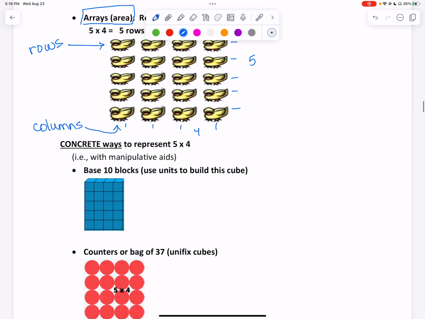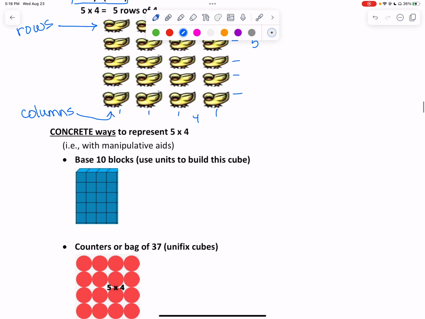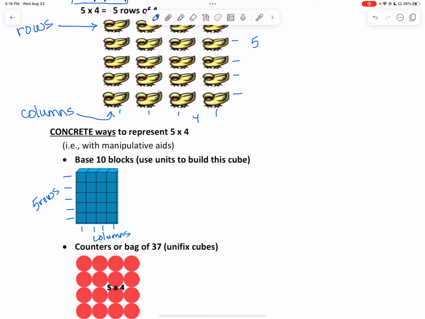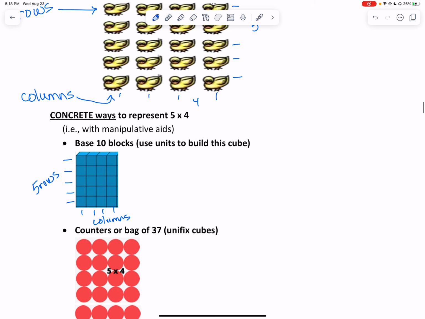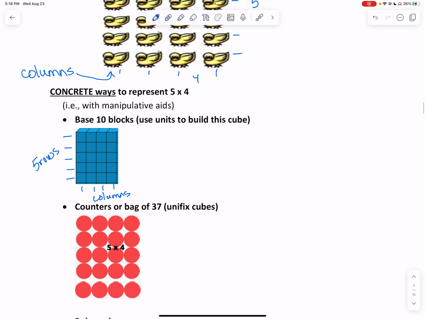Here are some concrete ways of showing it with base 10 blocks. Notice that I've got 1, 2, 3, 4, 5 rows again, and I've got 4 columns. You can show it with base 10 blocks, or you can use those little cubes, or the little units in the base 10 to make that.